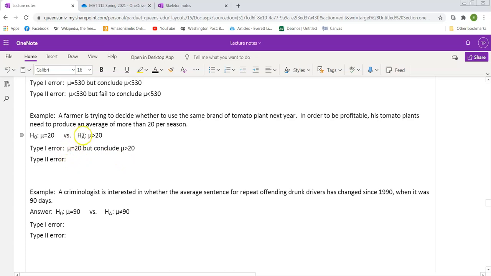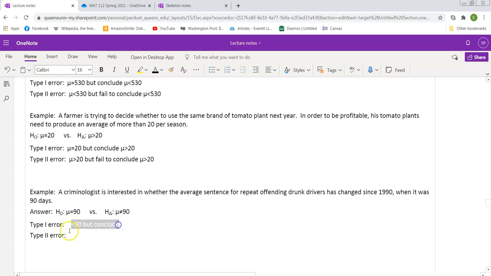So if you fail to reject H0, that means that you weren't able to conclude that mu is greater than 20 when it really was. Okay, so you couldn't find that result when it was there.